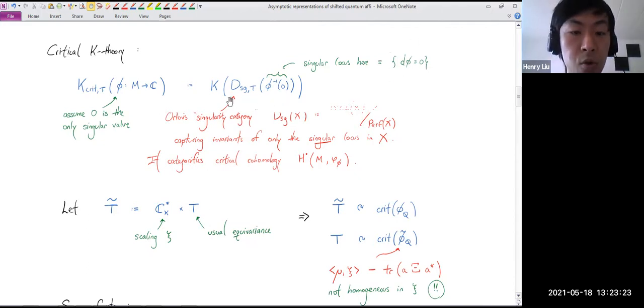And so this critical K-theory is capturing some invariance of the critical locus. For those of you who maybe have seen the cohomological analog of this, the singularity category is, in some sense, a categorification of what's called critical cohomology, if you take the cohomology valued in the sheaf of vanishing cycles associated to this critical function phi.